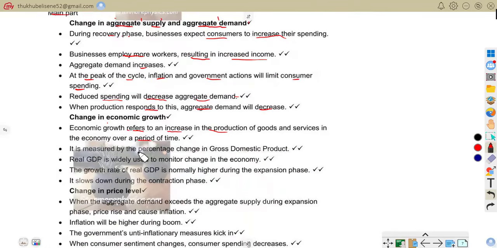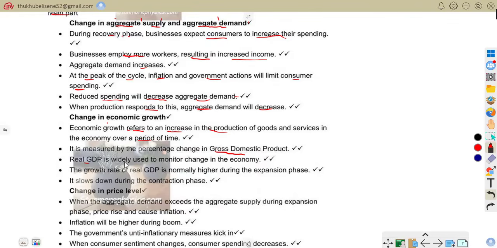Also, it is measured by the percentage change in gross domestic product. The growth rate shows how much GDP increases compared to the previous year. For example, if GDP rises from, let's say, 100 billion to 105 billion, the growth is 5%.